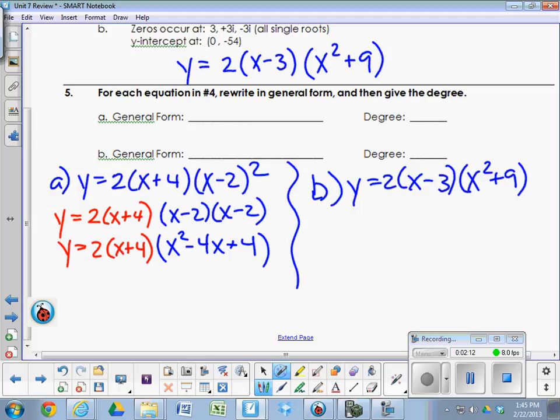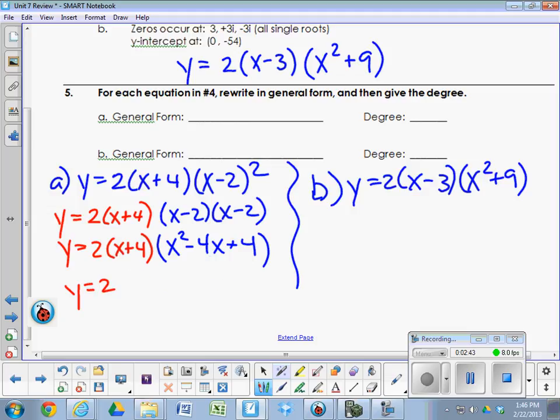Next, to multiply this, you have to take the x times all 3 of these, and then the 4 times all 3 of these. That's how you do that. It's 2 terms times 3 terms. So you need to make sure that each of these 2 terms gets multiplied by all 3. So again, I'm going to leave the 2 alone.